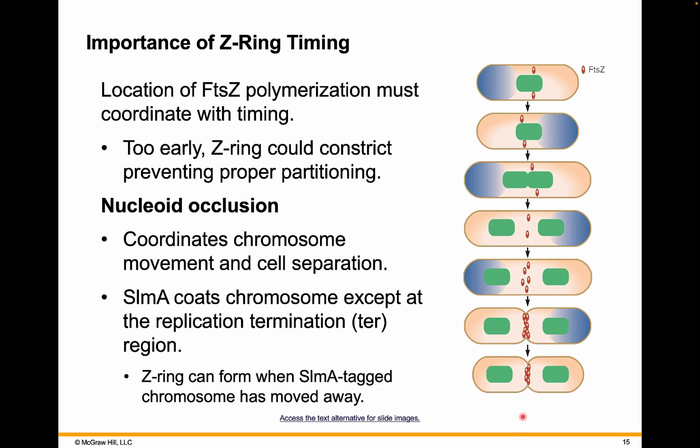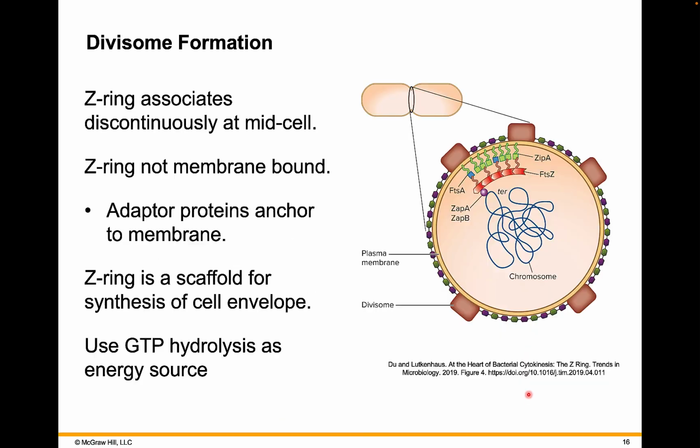So FtsZ understands that the termination site has moved away, and only at that area, because the rest of the chromosome is covered by the SlmA protein, can the FtsZ ring, which forms a Z ring, form. And this is formed by a structure which we call the divisome.